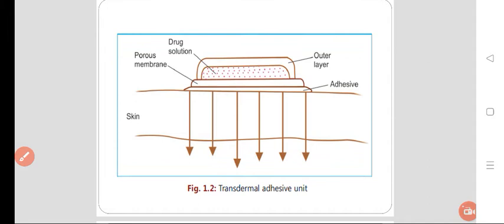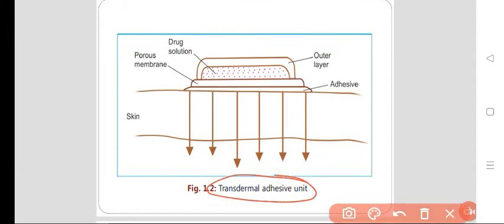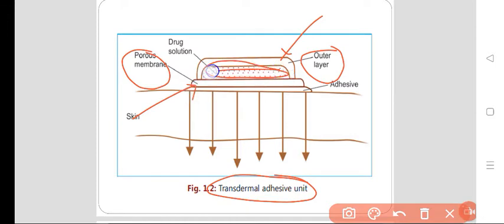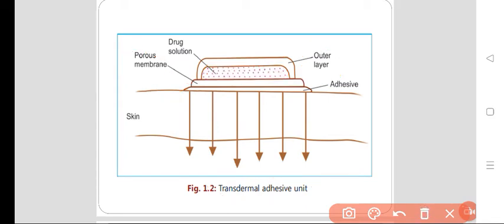Now here you can see the transdermal adhesive unit. This is the complete transdermal adhesive unit, in which there is an outer layer, and there is a porous membrane. Between this outer layer and this porous membrane, there is a drug reservoir, as you can see in red.